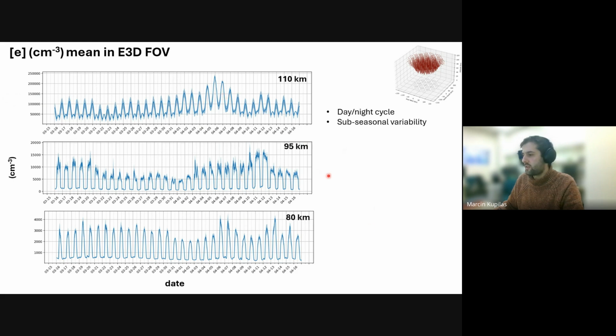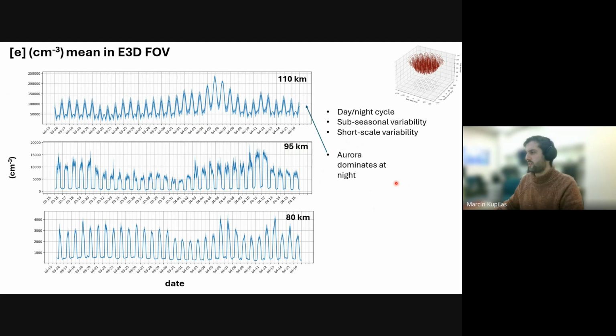Something similar is seen at heights below. And then we can see that at heights such as 95 kilometers, there's really short scale variability that we can see on the orders of, again, several tens of minutes to hours. That is most strongly visible at 95 kilometers, so that's in the middle of the E region.